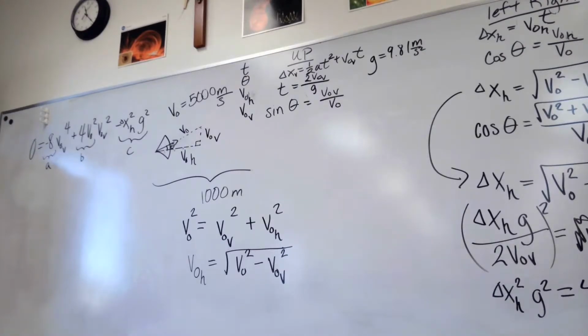Because I'm getting 4 answers, which makes sense because it's to the 4th. Good. So 2 of these answers are probably going to be ones that won't make sense. They could be anything like... trying to think of what wouldn't make sense. We could get a negative velocity, and in this case, a negative velocity is not going to make sense. So we can just automatically throw that out.